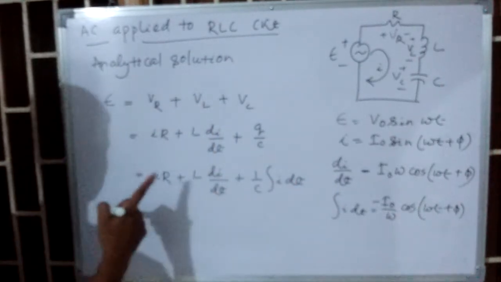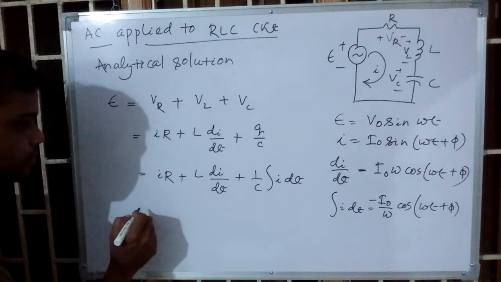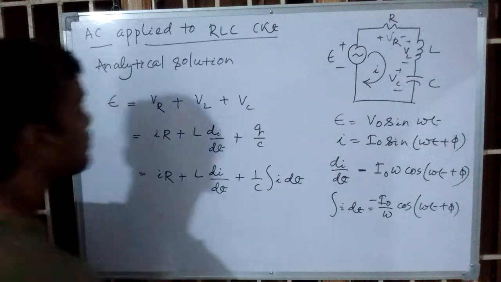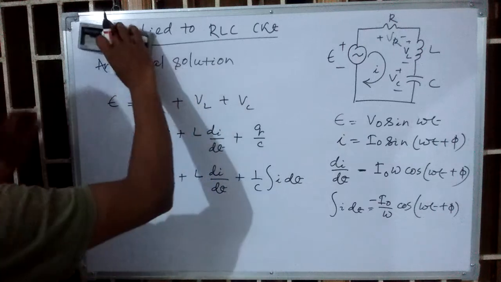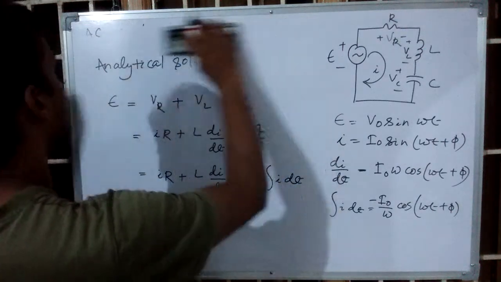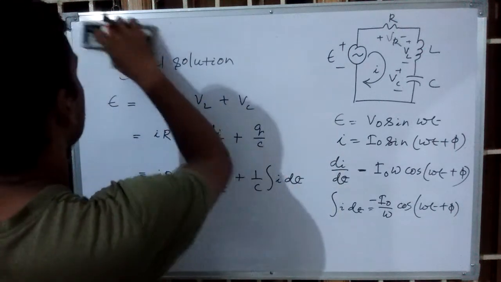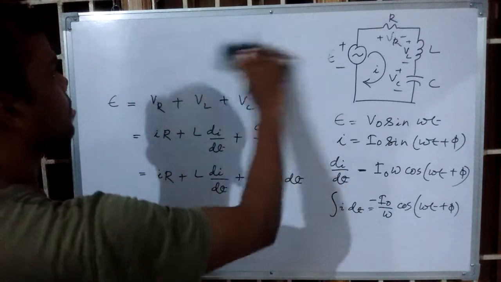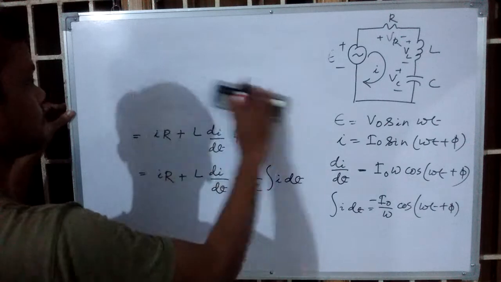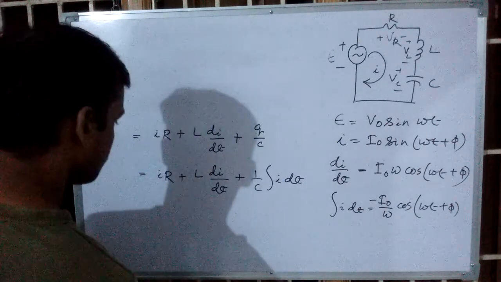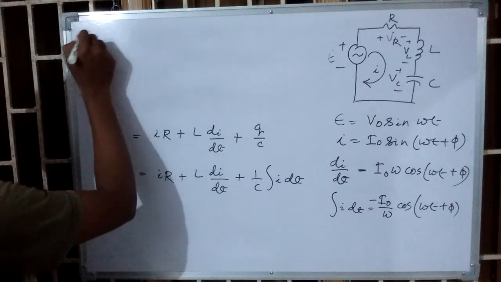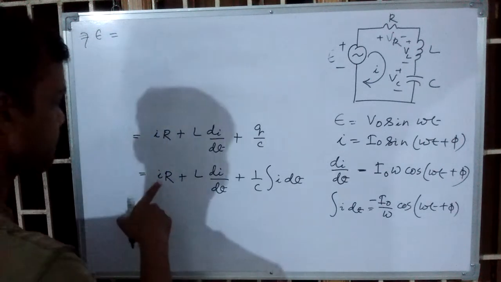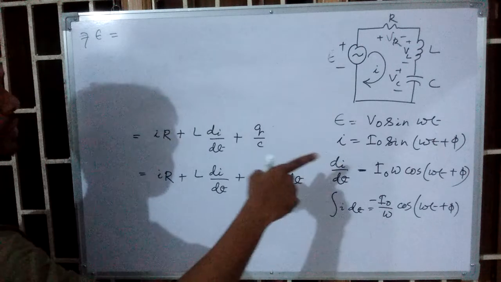So then we have to replace all these values here. Next I will write, it will be a long expression, so I will write from the top. On the left side it is epsilon. So epsilon is equal to I. What is I?